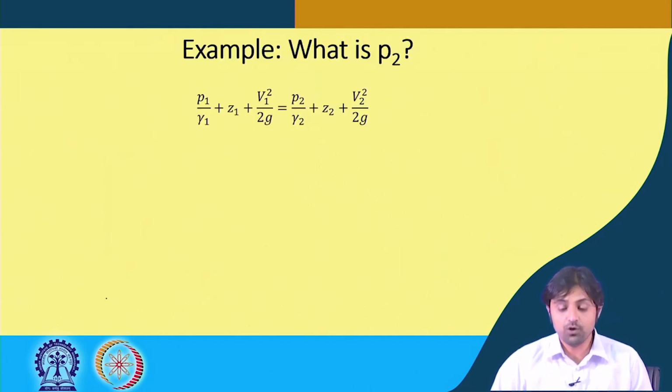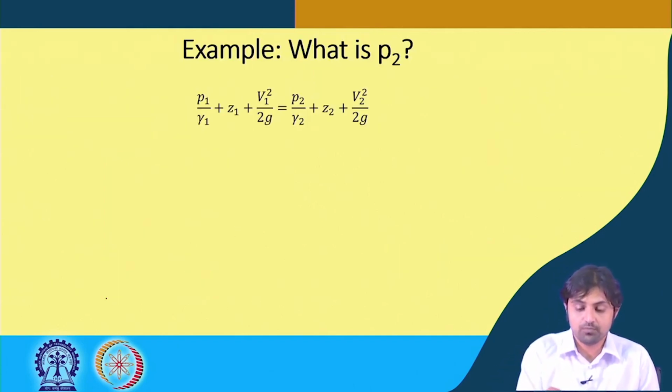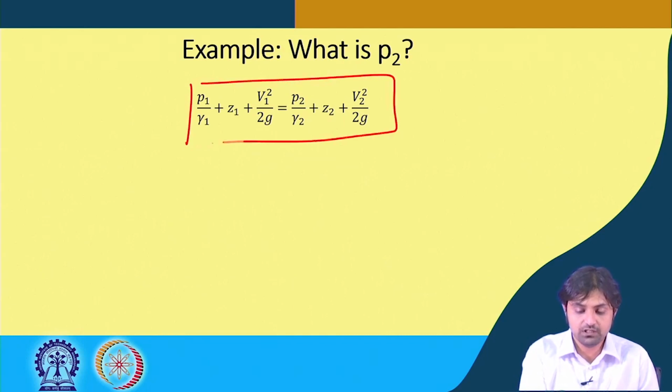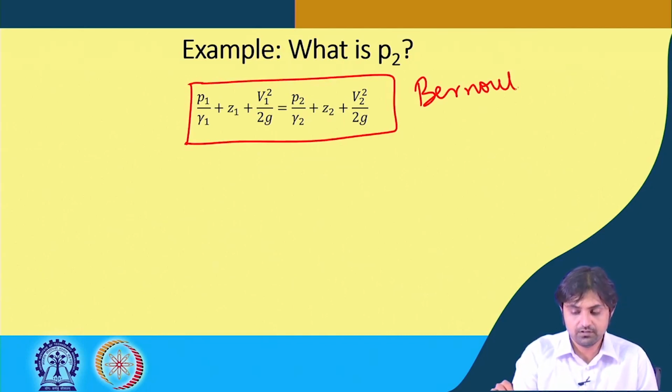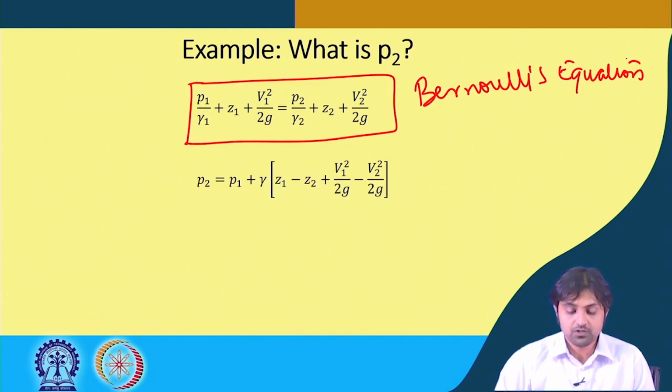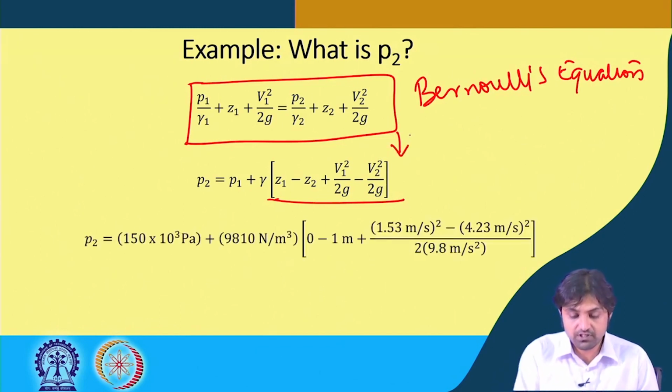What is P2? How do we obtain P2? We can obtain P2 using Bernoulli's equation. So P2 will be P1 plus gamma Z1 minus Z2, just a rearrangement of this equation, and we can simply substitute the values.